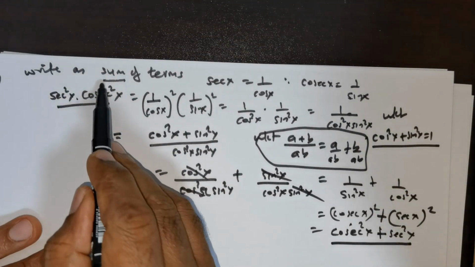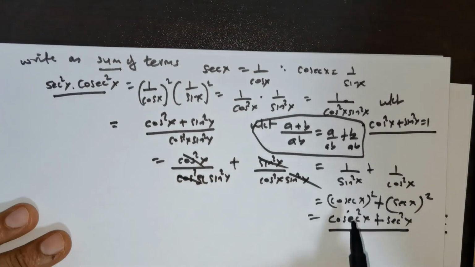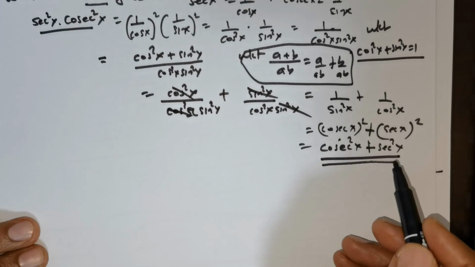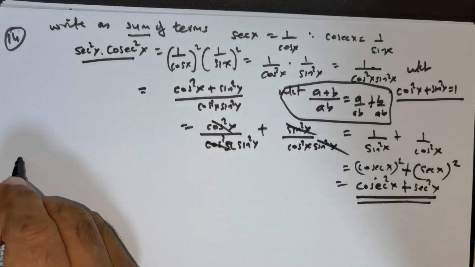And this is exactly what is required, right, as sum of terms. So I have written them as sum of terms, and that is an interesting question. We will move on to question number 15.